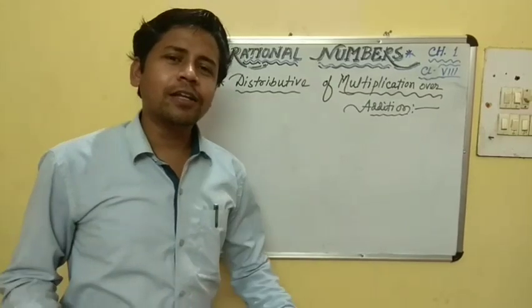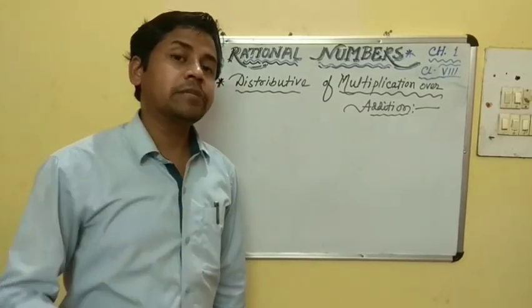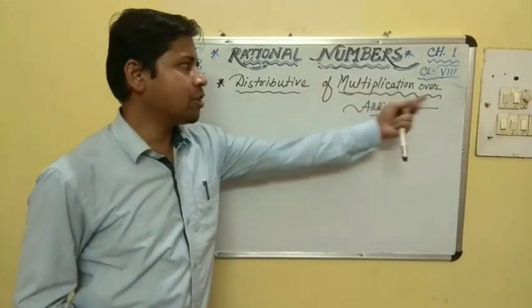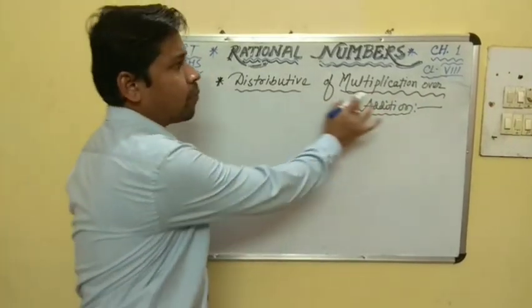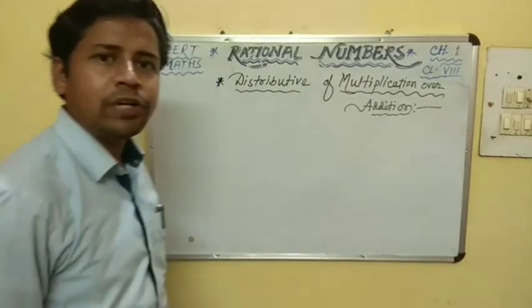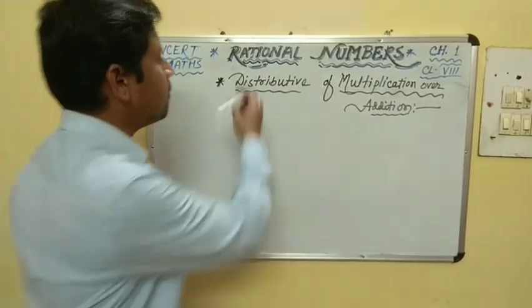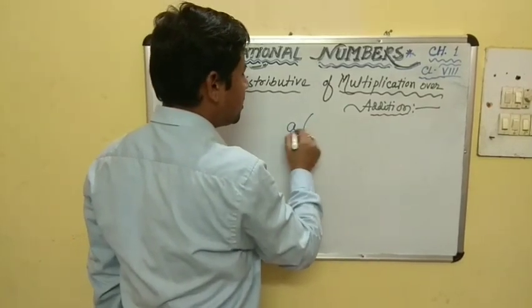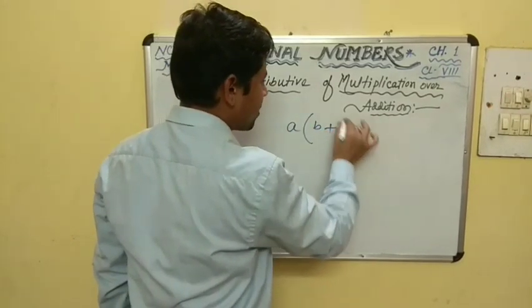So students, now we are going to discuss the distributive property of rational numbers. First of all, distributive property of multiplication over addition, which we will discuss for rational numbers. Let a be any rational number, multiplied to b plus c.